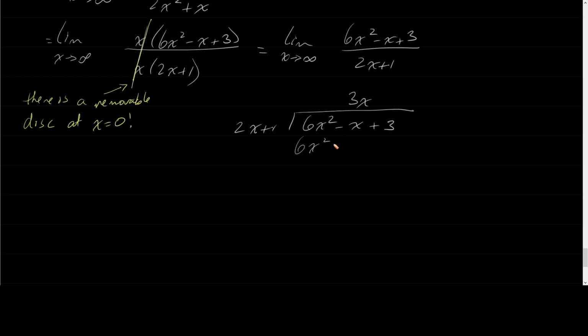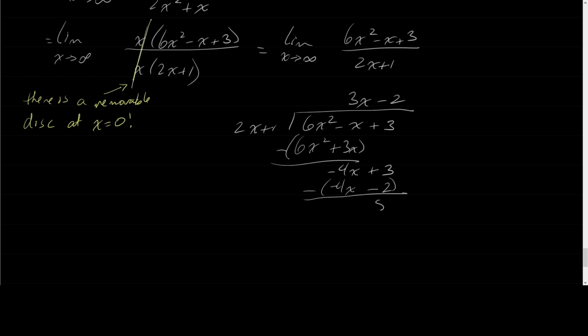So 6x squared plus 3x, subtract. 6x squared minus 6x squared goes away. Negative 1x minus 3x is negative 4x. Now to go from 2x to negative 4x, multiply by negative 2. Negative 2 times 2x is negative 4x. Negative 2 times 1 is negative 2.